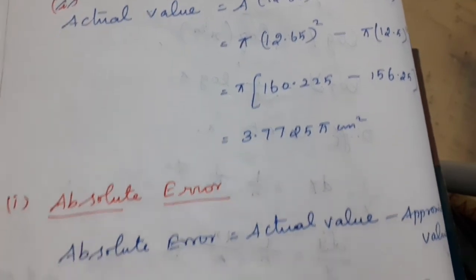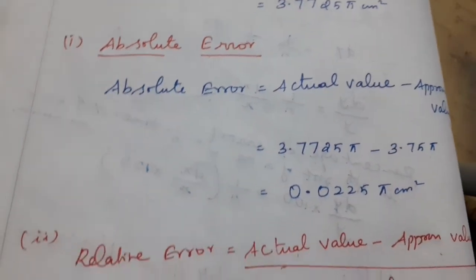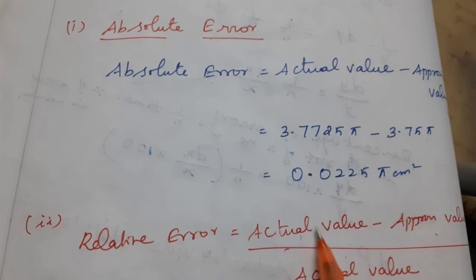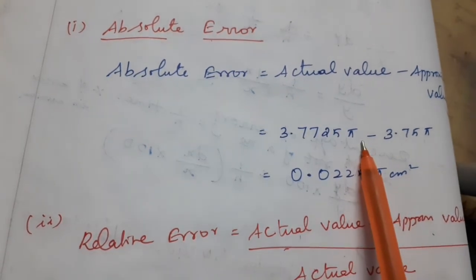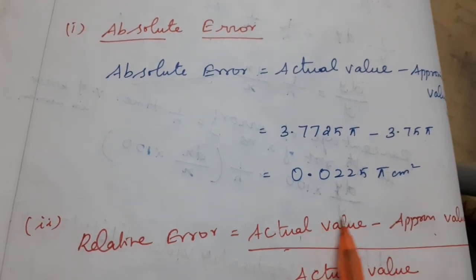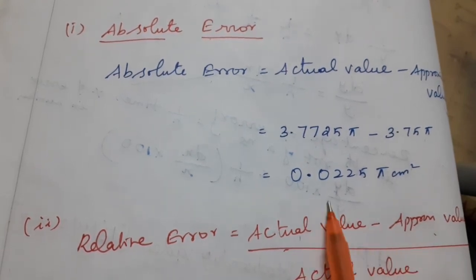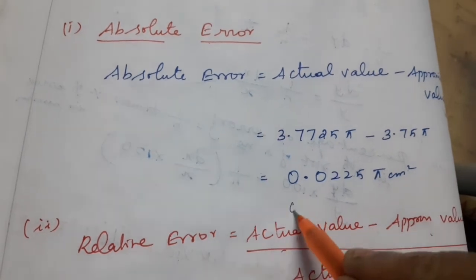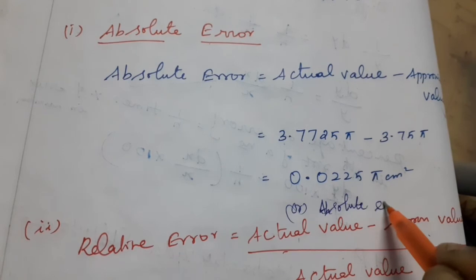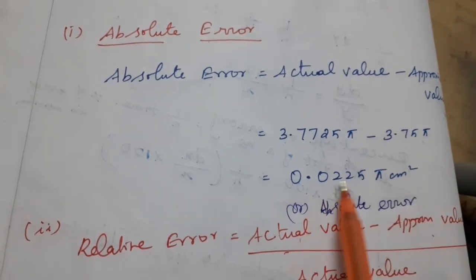After finding the absolute error, next we find the relative error. Relative error is nothing but absolute error by actual value. So instead of writing actual value minus approximate value, we substitute the absolute error. What is our absolute error?